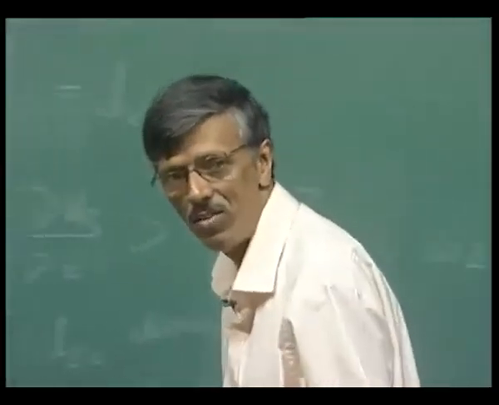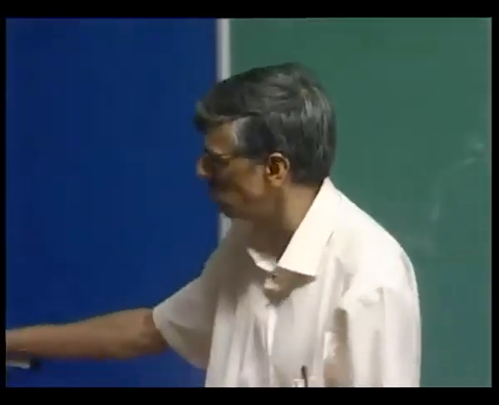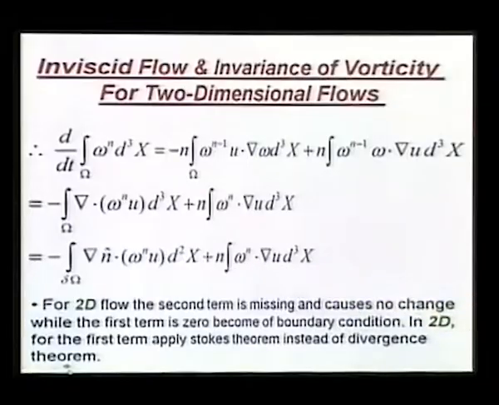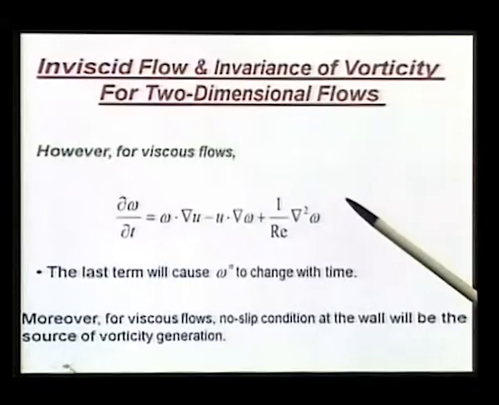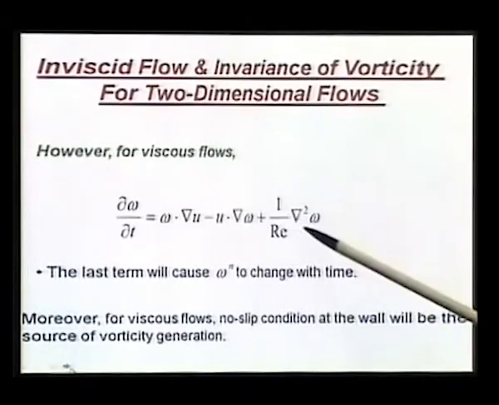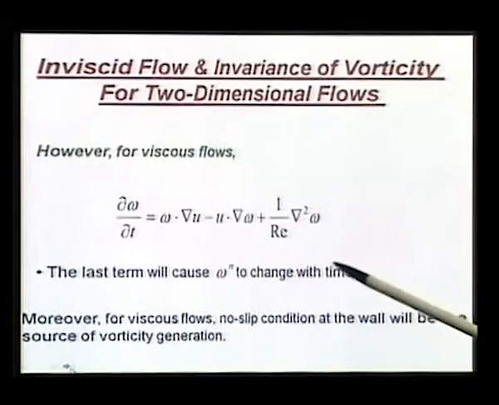For 3D flows you can very clearly see the time rate of change is given by the stretching term. So, stretching has a very important role to play for 3-dimensional flow. It can tell you how the various moments of this vorticity can change with time. If you add the viscous effects, of course, this term will have to come in. This will also affect the moment here with respect to time.